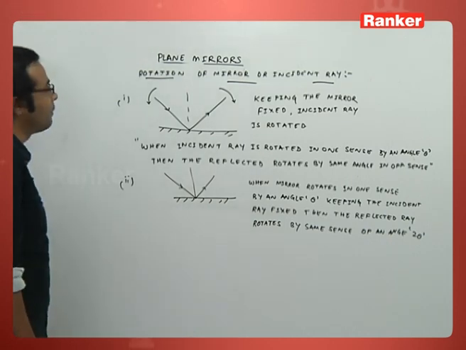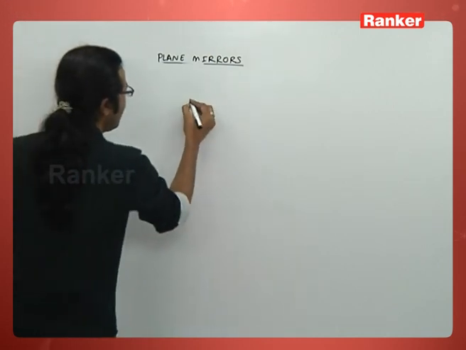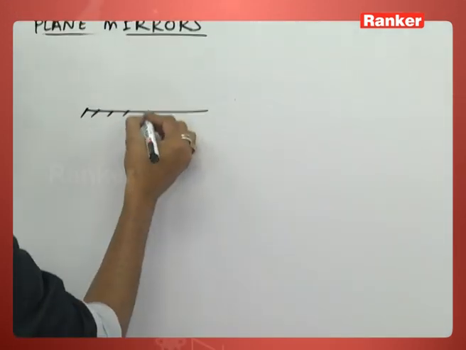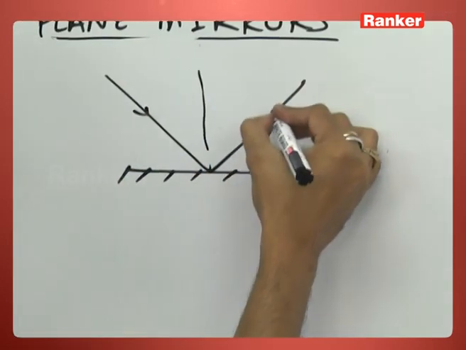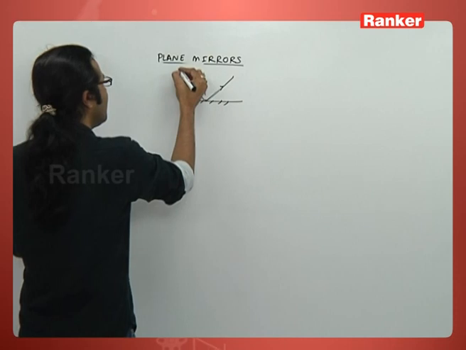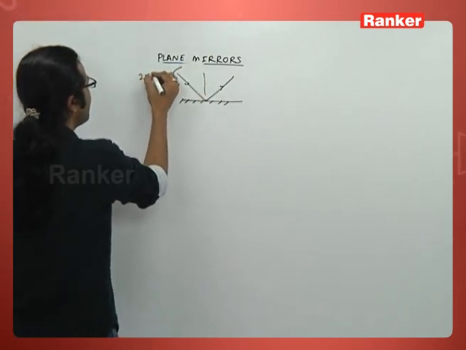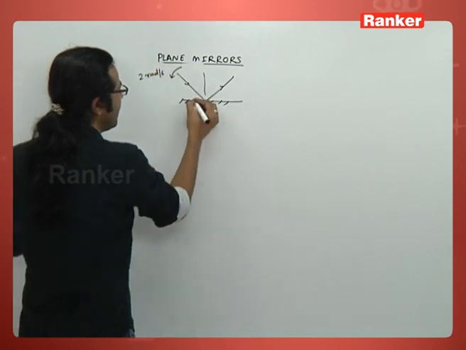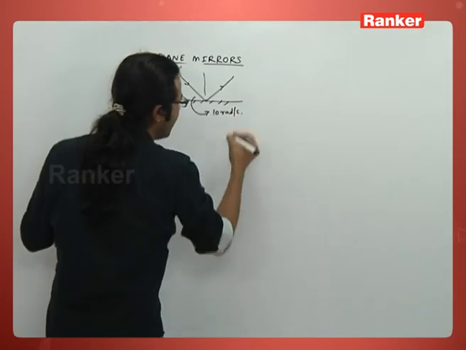Let us go with a simple problem. This is a mirror, and this is the incident ray, and this is the reflected ray. Here it is given the incident ray is rotating with an angular velocity 2 radian per second. The mirror is rotating with an angular velocity 10 radian per second.